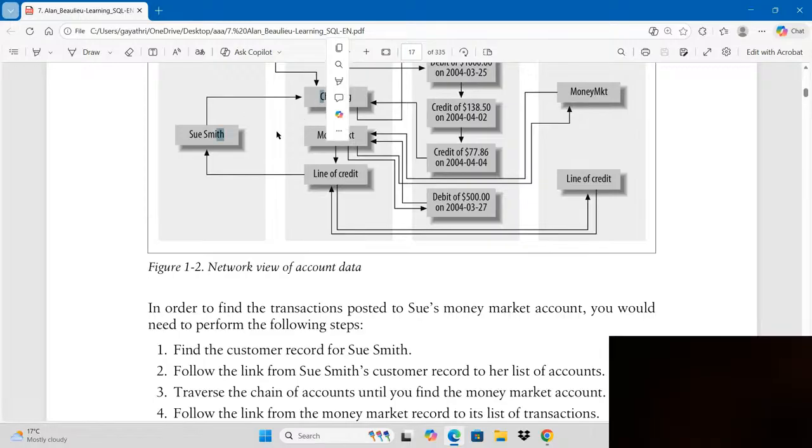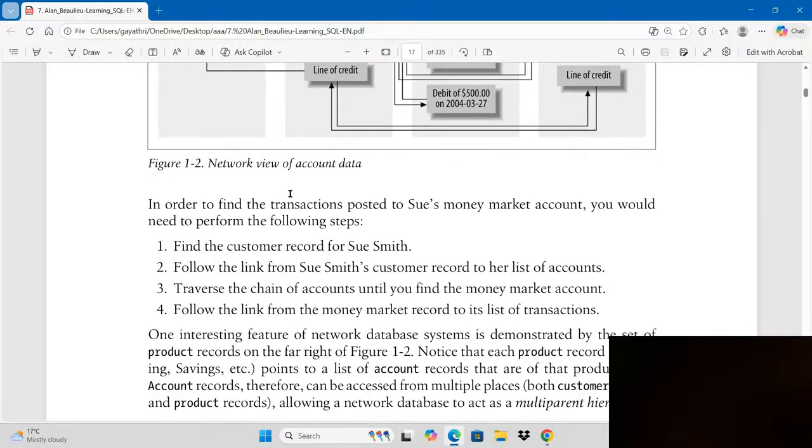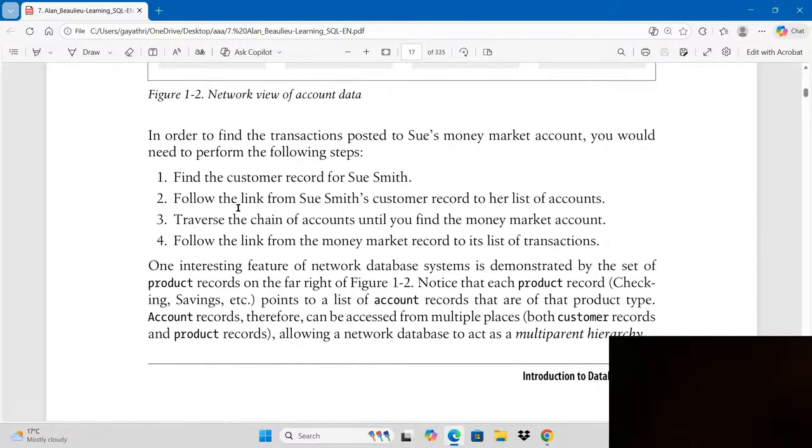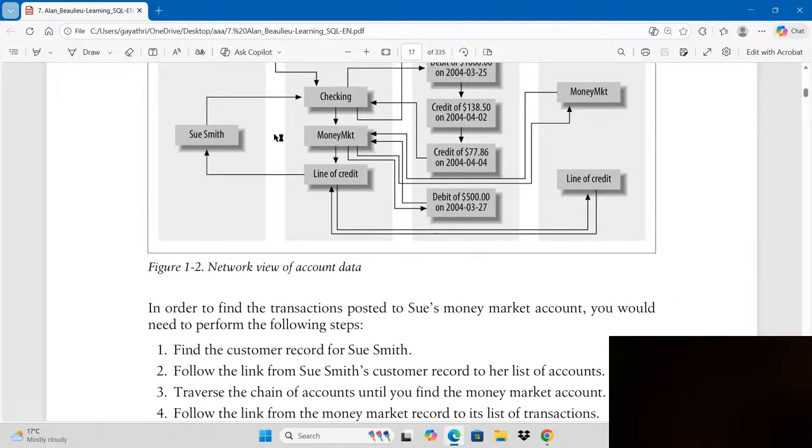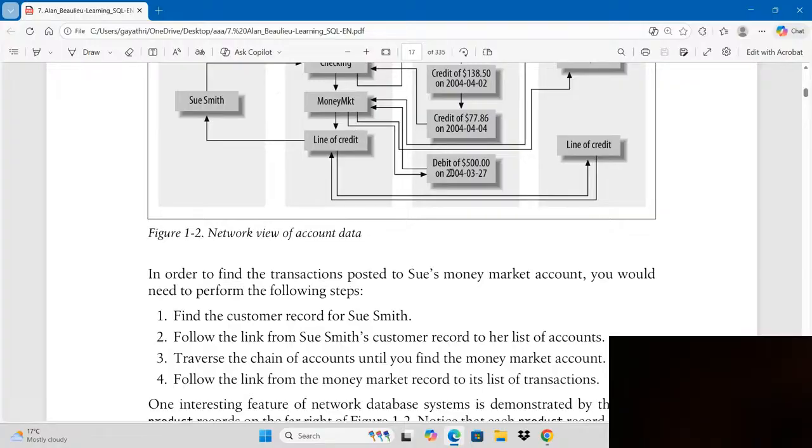From here we need to see the list of accounts, like we need to find this money market. Traverse the chain until you find the money market account. Follow the link from the money market record to its list of transactions. From here we need to find the list of transactions that happened to this.